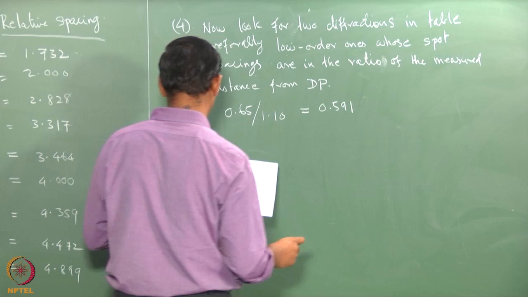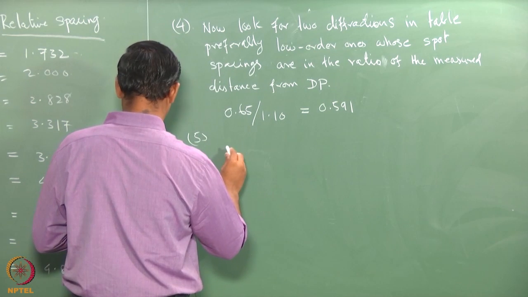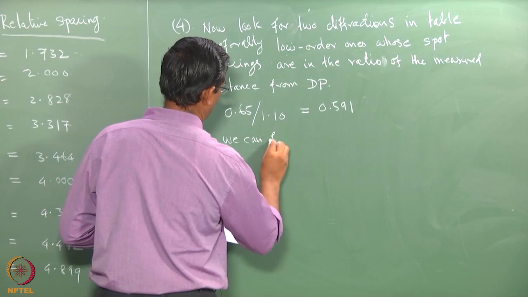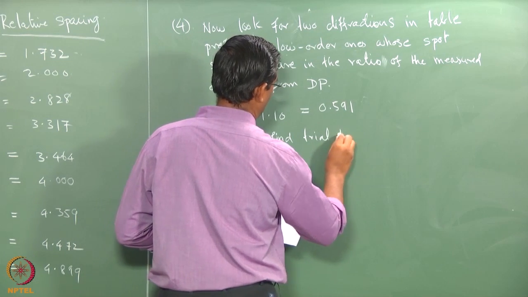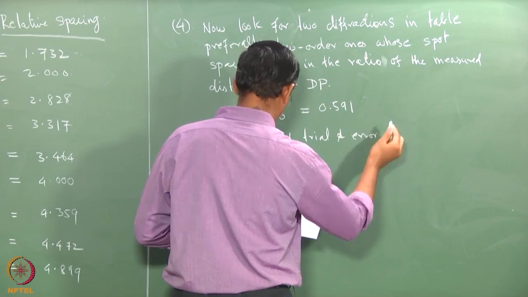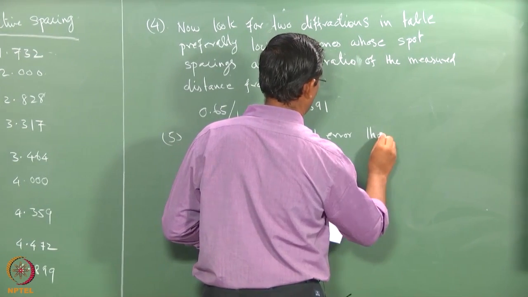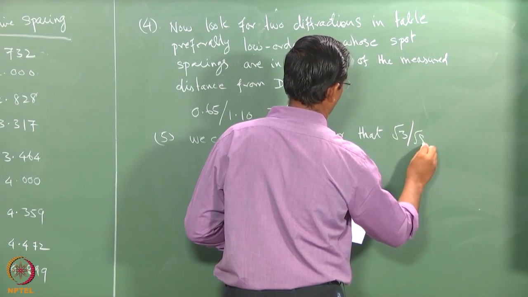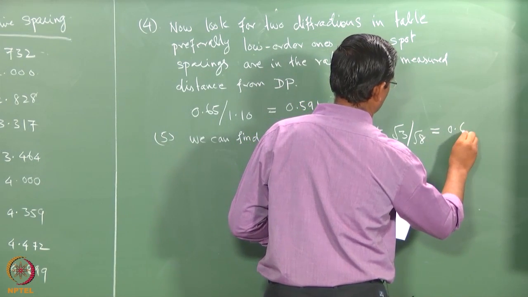And we can find by trial and error that square root of 3 by square root of 8 is equal to 0.61.